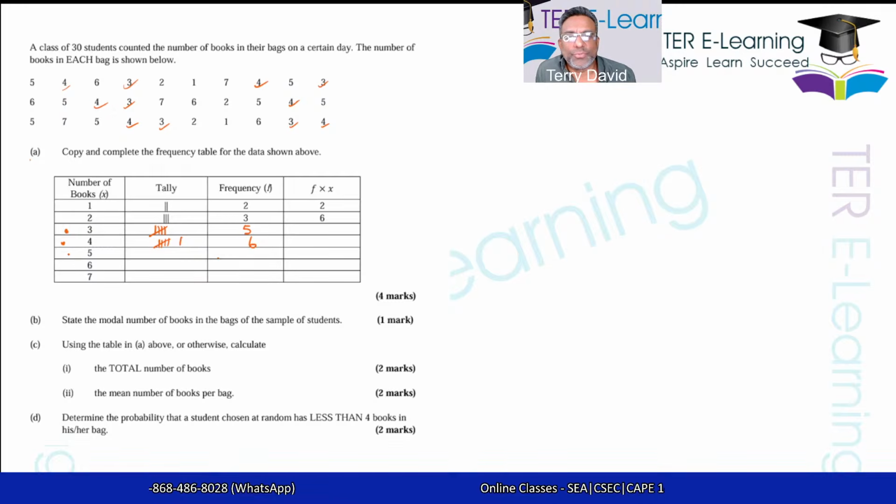Then we go to 5. So we have 1, 2, 3, 4, 5, 6, 7. So this is 7.